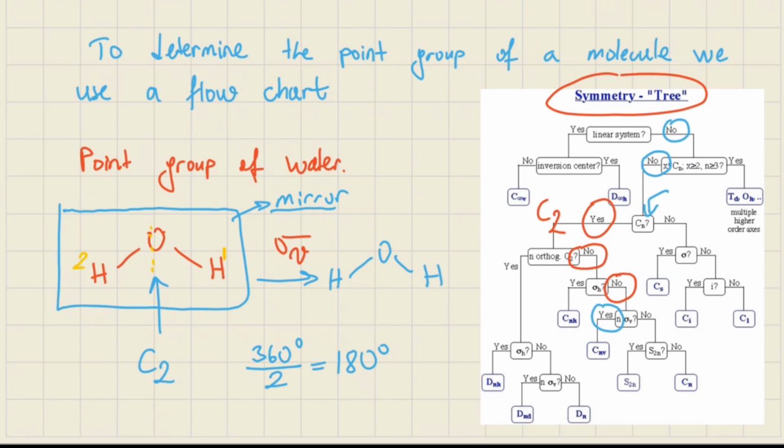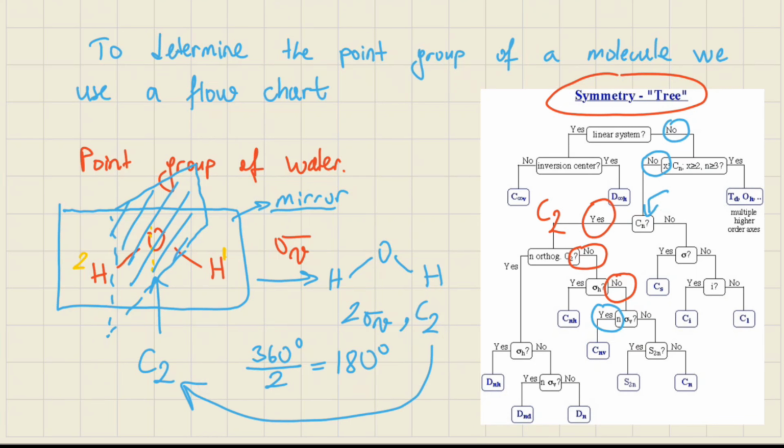And the second sigma v, by the way, is here. So we have two sigma v that contain the C2 axis. So the point group of the water molecule at the end becomes C2v. So this is the point group of the water molecule.